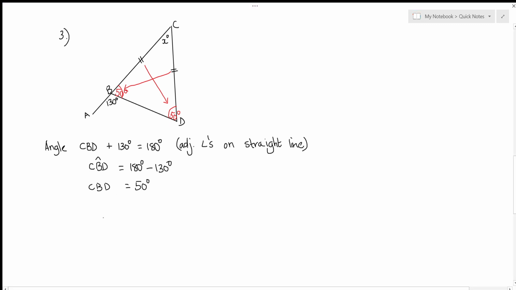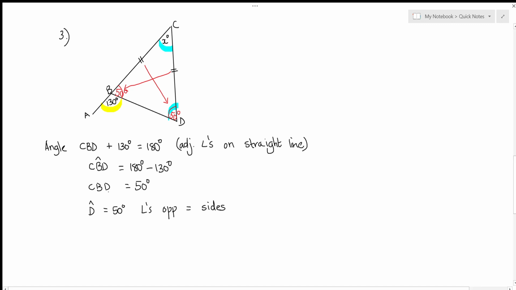We don't just assume, we have to write it out. Angle D is equal to 50 degrees, angles opposite equal sides. And this is my exterior angle, and this is my interior opposite angles. Are you with me? So here we can go x plus 50 degrees is equal to 130 degrees.